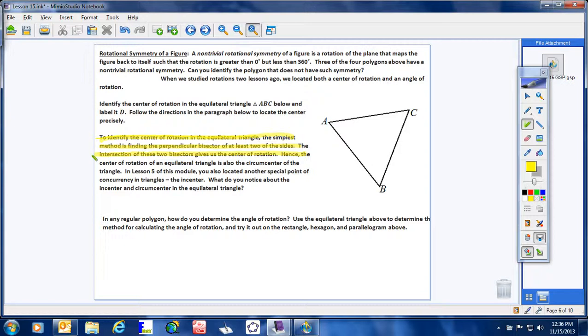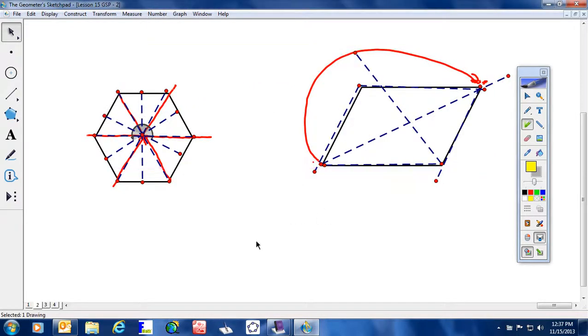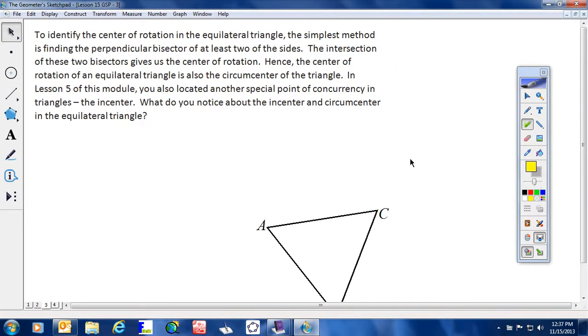So follow those steps with your partner, see if you can do that. Right next to the triangle, there's some information on how to do that. It's also up on the screen if you need it.